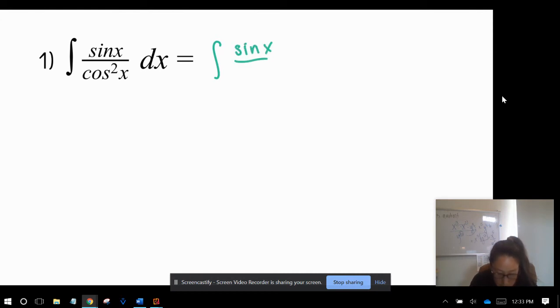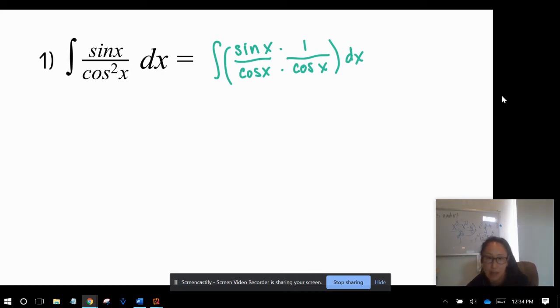So sine x over cosine x times 1 over cosine x, dx. I'll put parentheses around it, just so I know that everything in there is getting the integral applied. So this sine over cosine of x is tangent x times 1 over cosine is secant x dx.